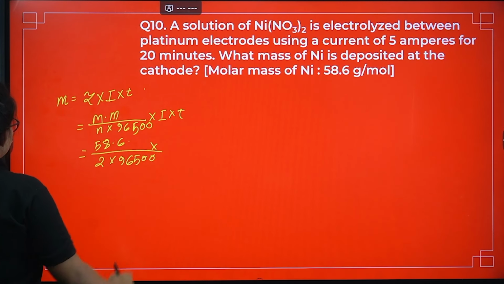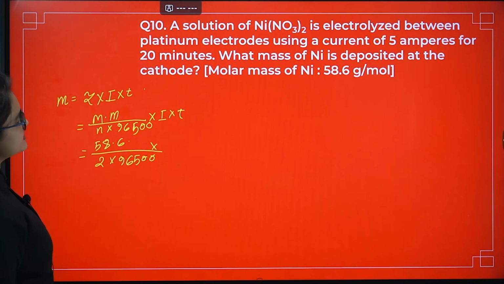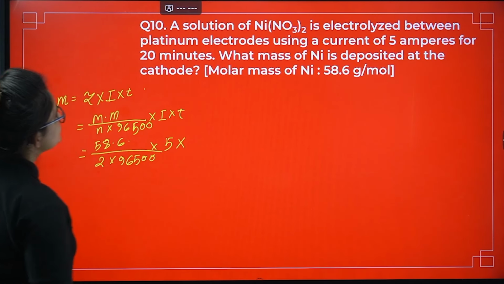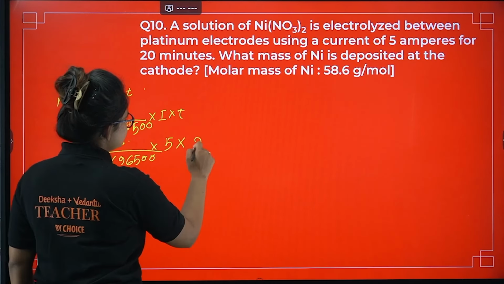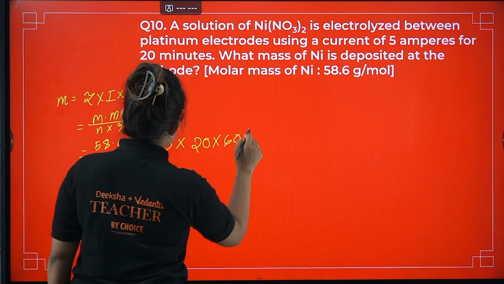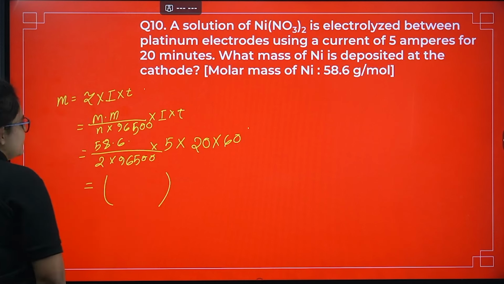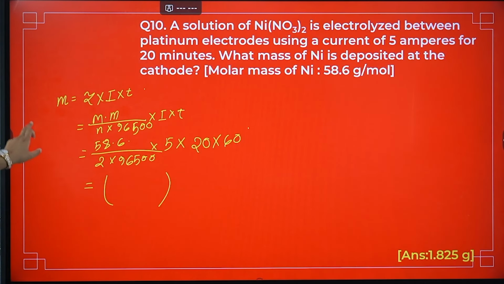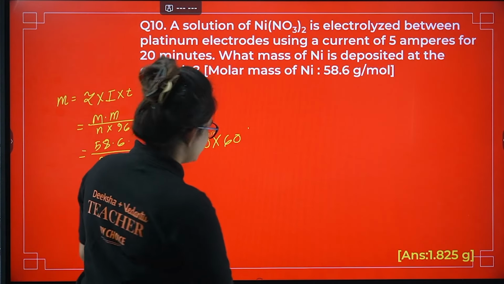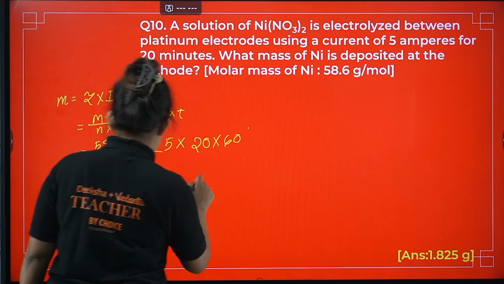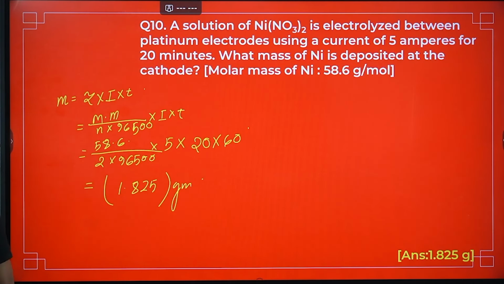They are saying 5 amperes, so I is 5, and time is 20 minutes into 60 seconds. If you go ahead with this, you will get the mass: 1.825 gram. That's it. I guess this is clear to you.